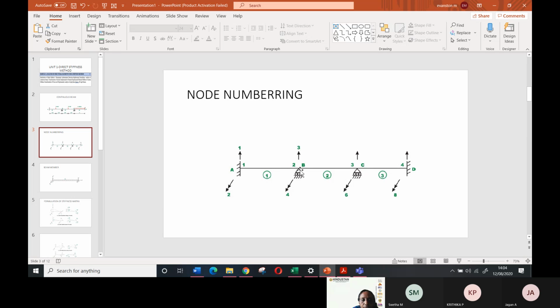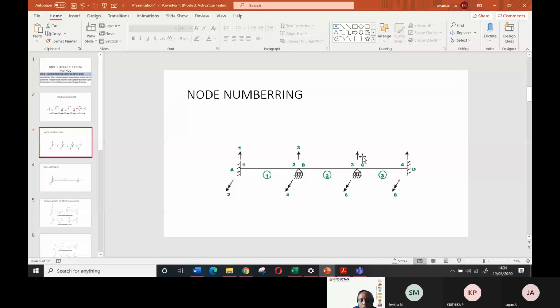Then for joint 2, what is the displacement numbering? 3. Rotation numbering? 4. For joint 3? I didn't mark it, it is missing.